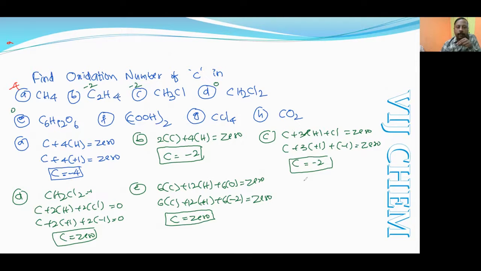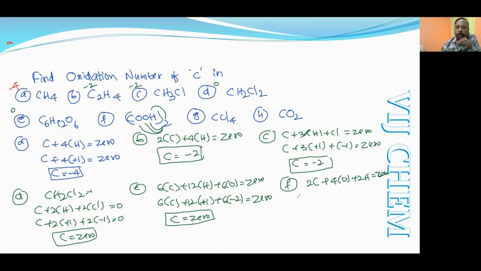Now let's take the F part. Here 2 carbons are there, 4 oxygens are there, 2 hydrogens are there. If this bracket is outside, it should be multiplied with everybody. So therefore 2 carbons, 4 oxygens, 2 hydrogens, then the charge will be 0.